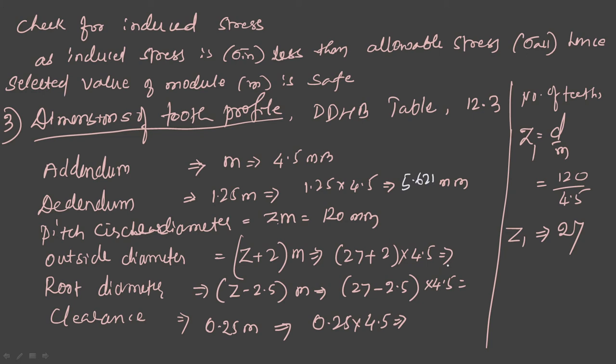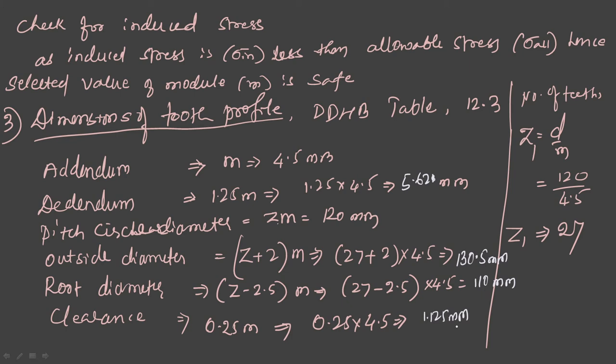So now what is the value of outside diameter? 130.5, sir. Okay. Root diameter? 110, sir. Clearance? 1.12, sir.